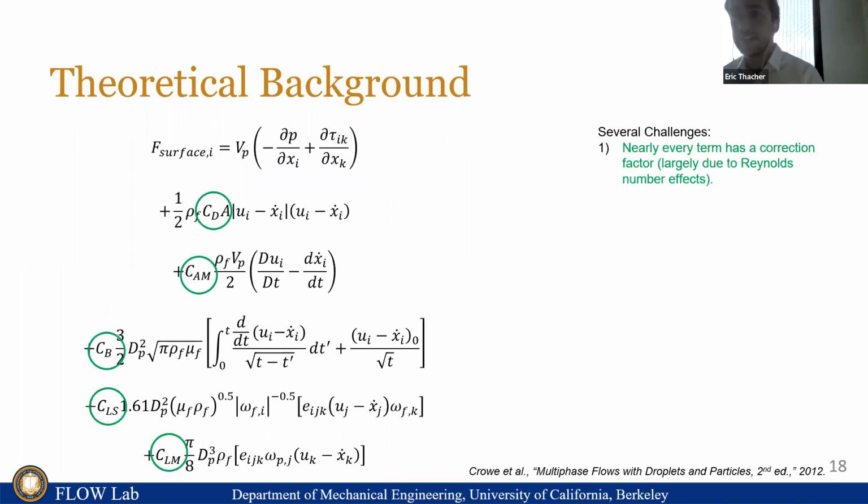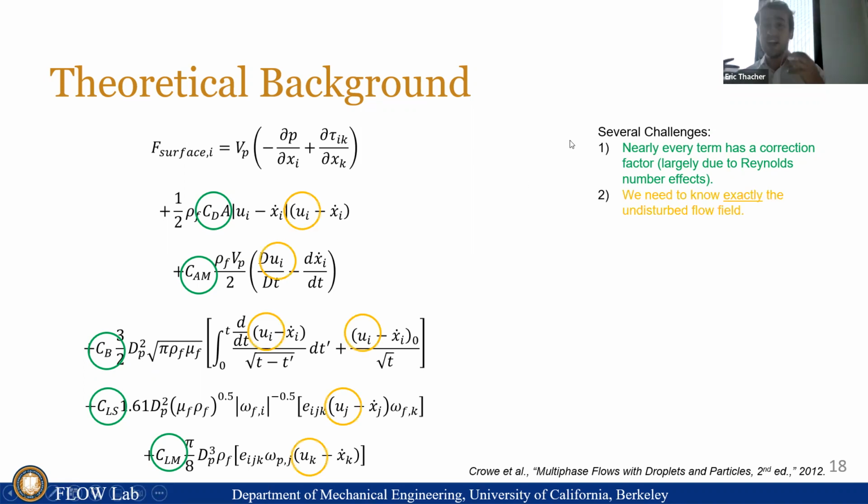The first piece of this is that nearly every term has a factor associated with it, and this is generally Reynolds number dependent. And you need to account for this to have an accurate model, which is basically you need to know how this factor changes with Reynolds number and compute these new factors as your Reynolds number changes in your simulation.